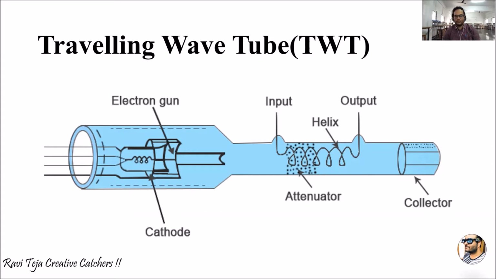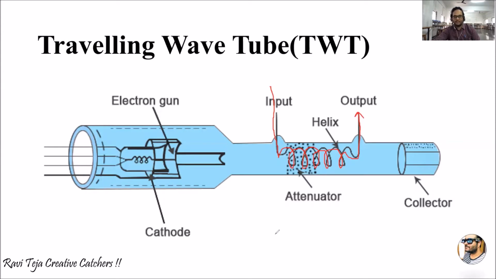So instead of passing this RF signal straight, as it has a helical structure, whenever an RF input is given, the RF signal passes in a helical structure through this helical tube and comes out through the output, with respect to the speed of light.